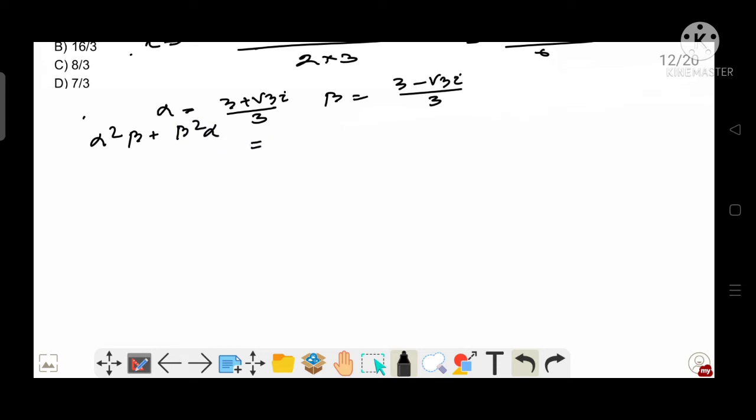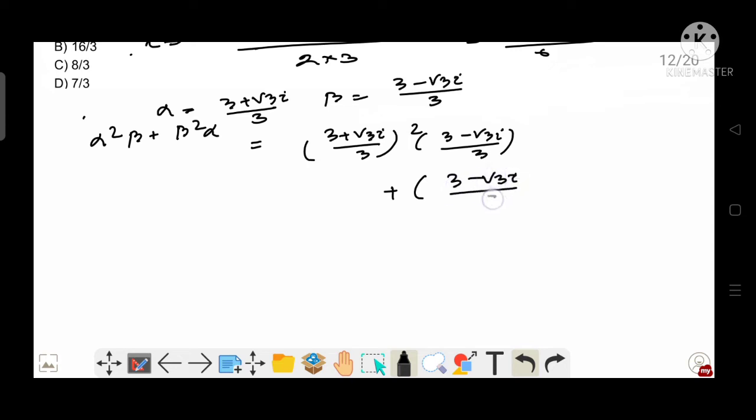You can simply write (3 plus root 3i by 3) square into (3 minus root 3i by 3) plus (3 minus root 3i by 3) square into (3 plus root 3i by 3).